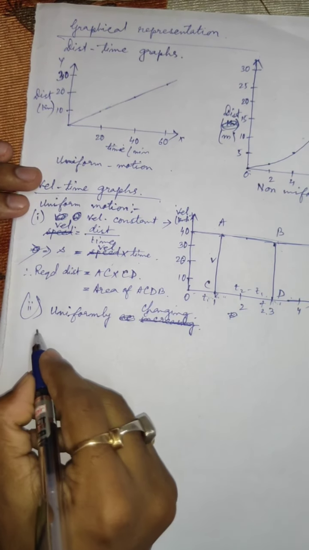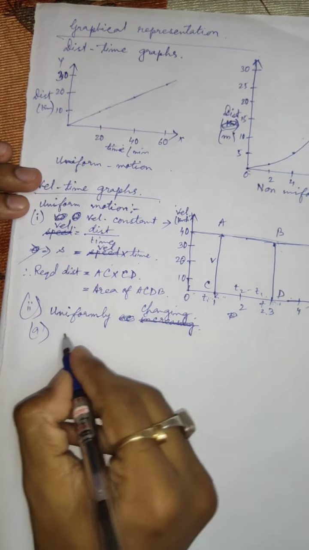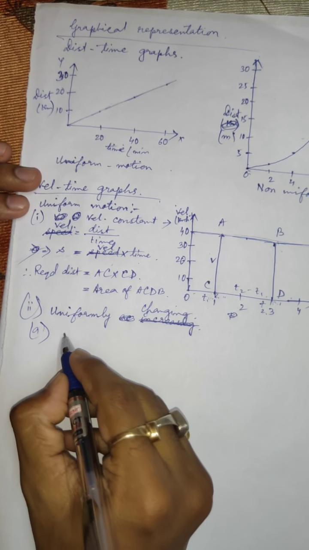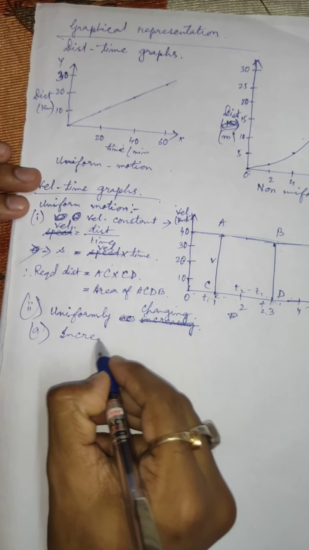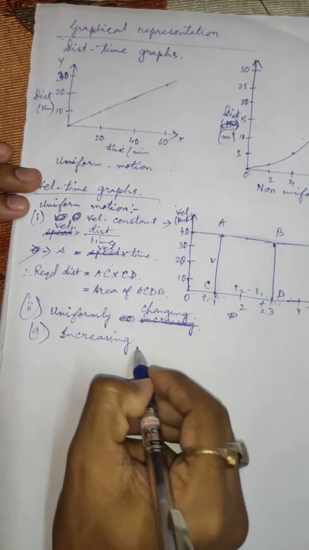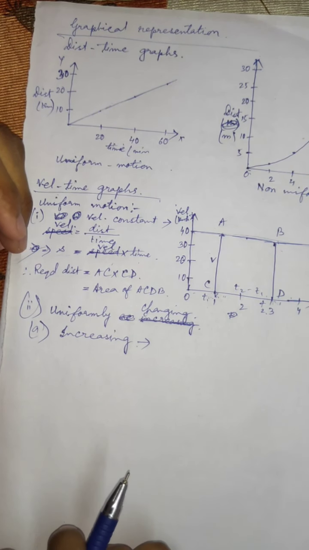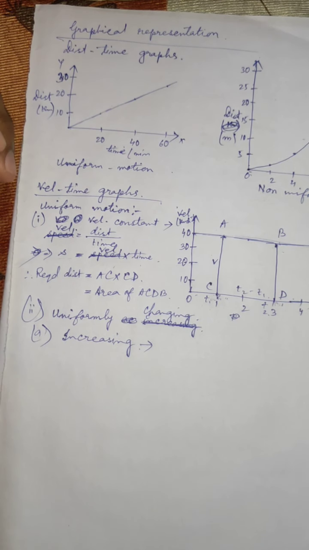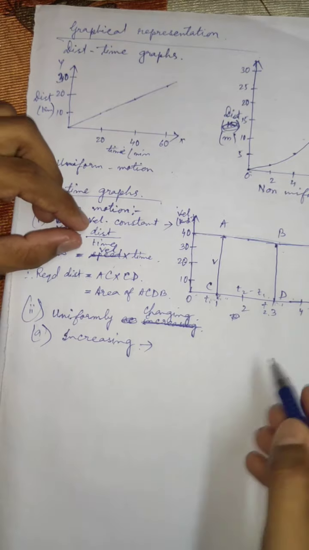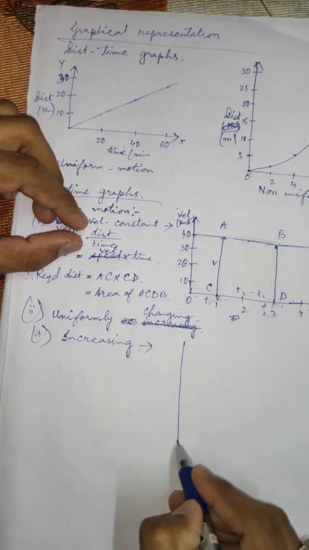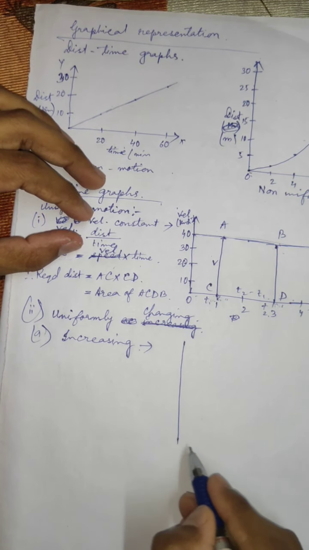In uniformly changing, there are two cases. One is increasing or accelerating, and another will be decreasing. So first let us see the increasing. What will be the velocity time graph when the velocity of an object is uniformly accelerated? Let me show the graph.